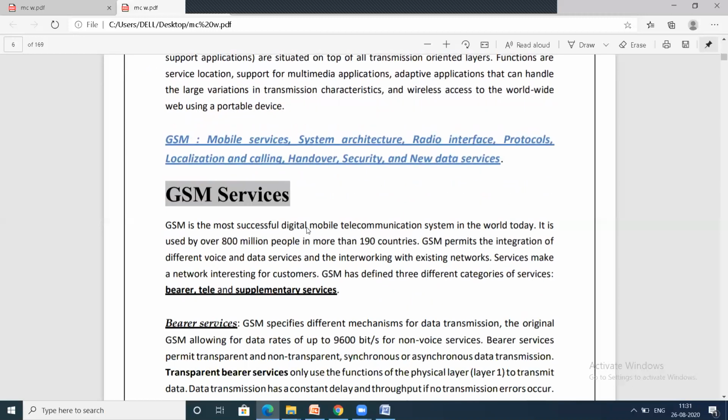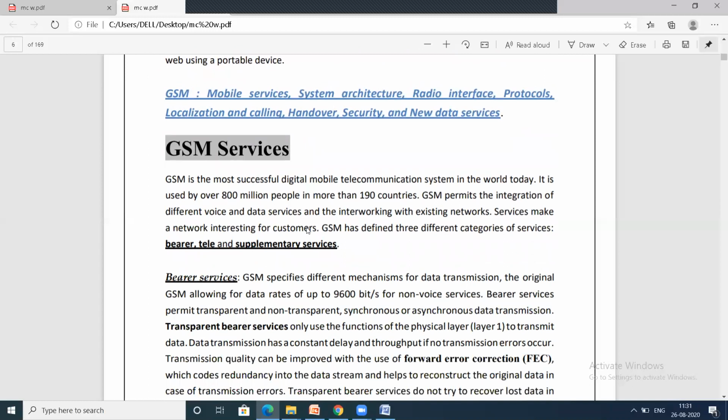Now moving to the next topic, that is GSM. This is a very important one, whose services we are already using and experiencing in day-to-day life. GSM means Global System for Mobile Communications. In this GSM, we have already discussed what the GSM services are.